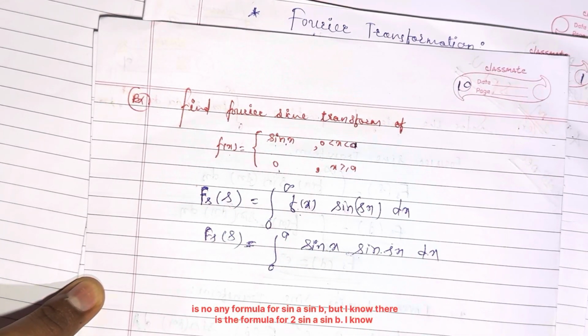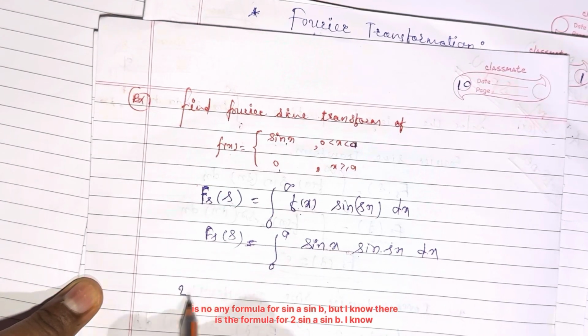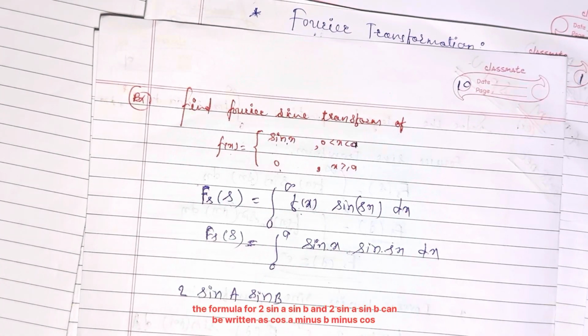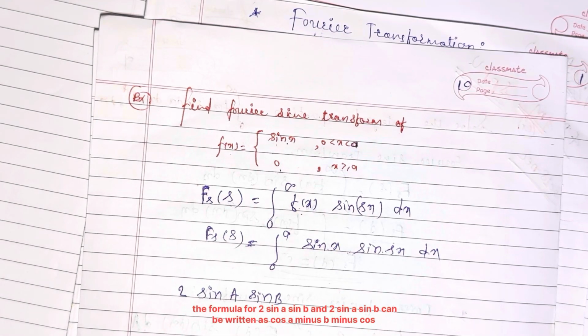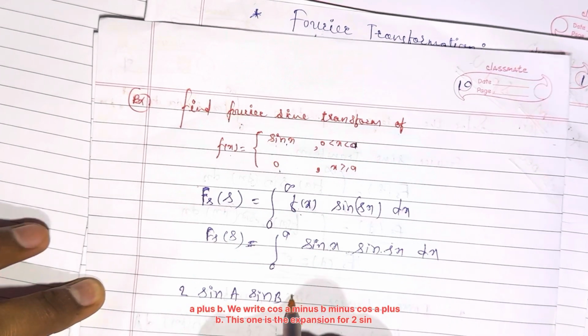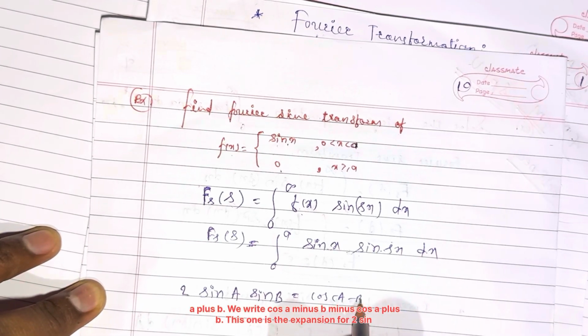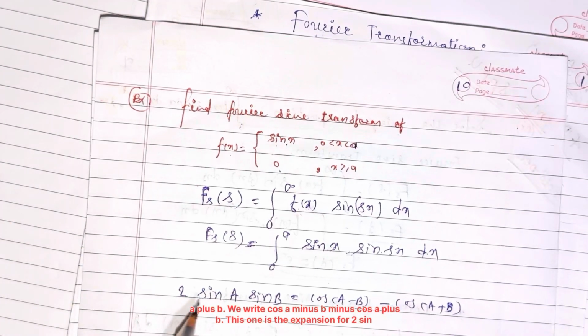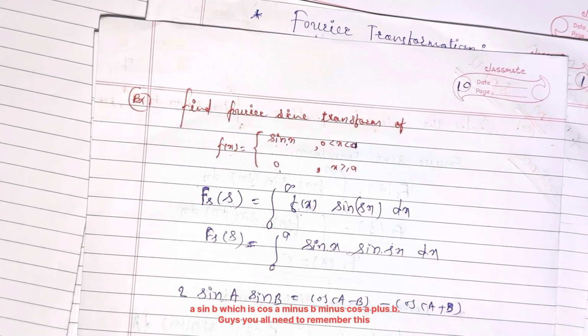There is no direct formula for sine A sine B, but I know the formula for 2 sine A sine B, which can be written as cos(A minus B) minus cos(A plus B). Guys, you all need to remember these formulas. They are very important.